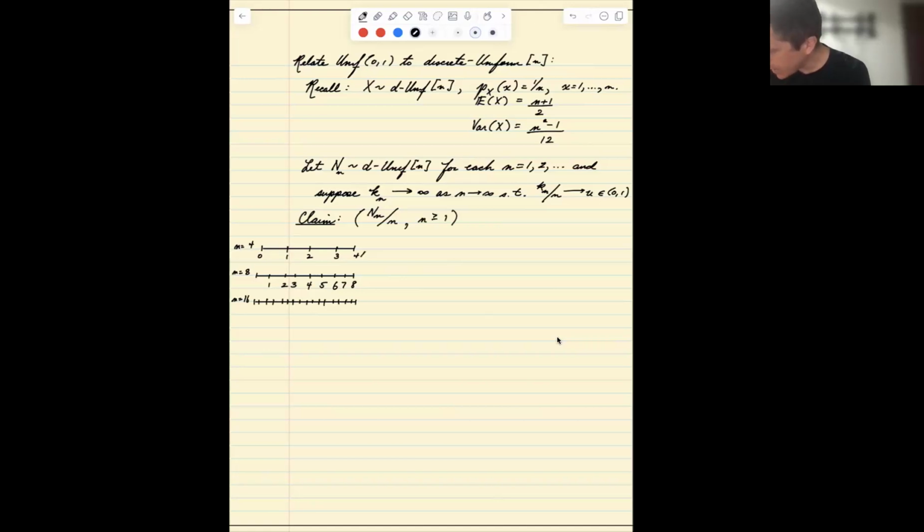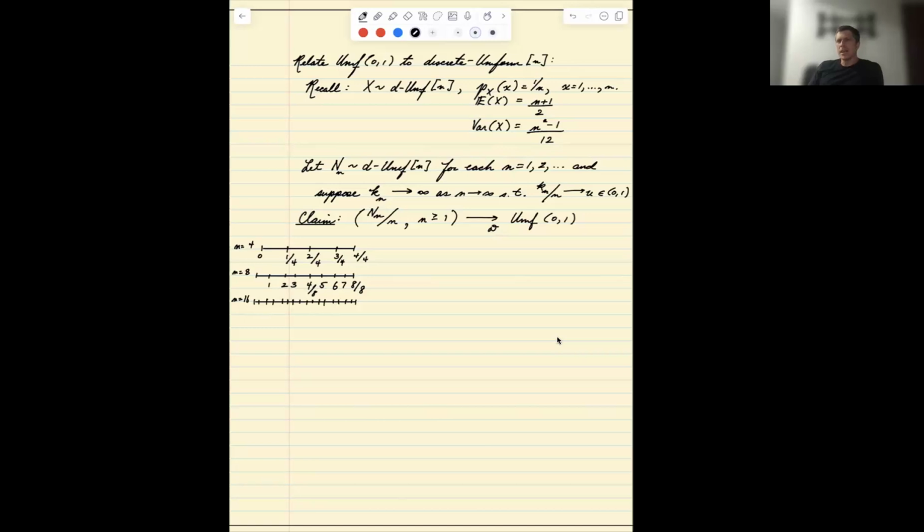So when we divide by n, we end up with something in the unit interval, right? And so the point is that as we do this and we refine the unit interval so much, we end up with what is close to a uniform 0, 1.